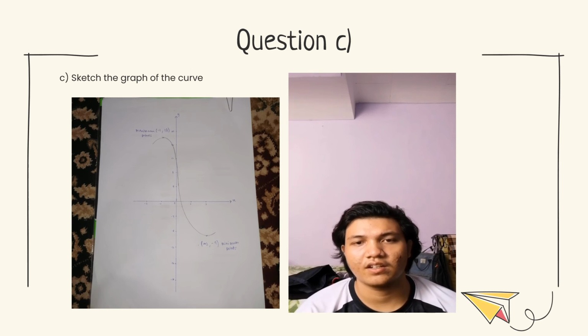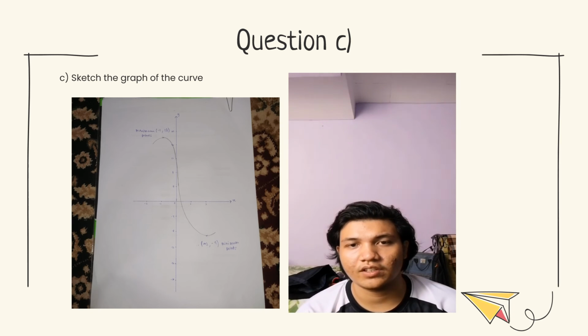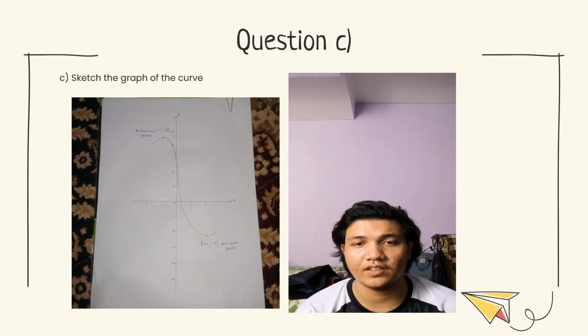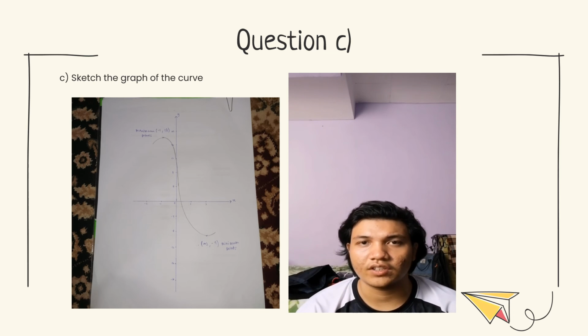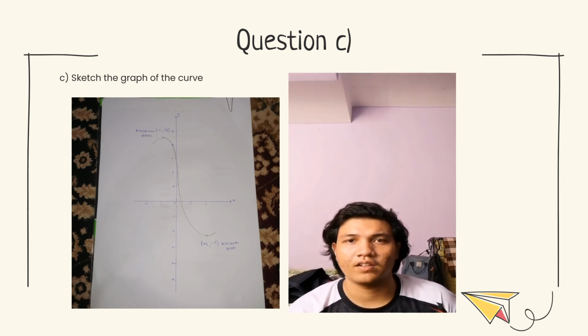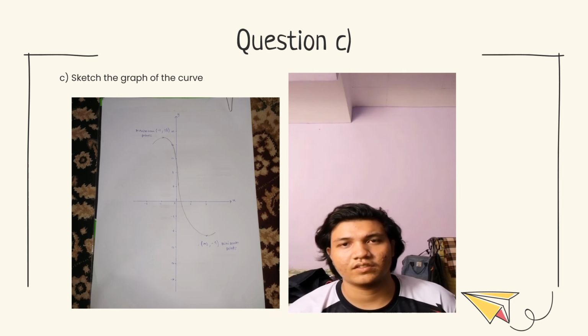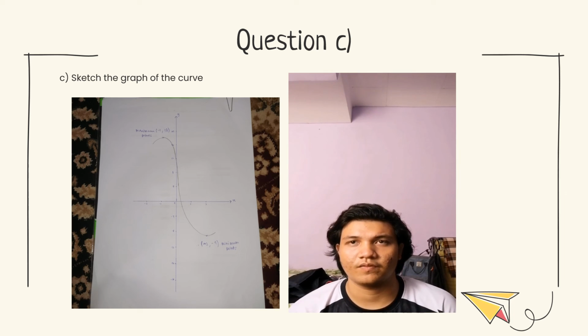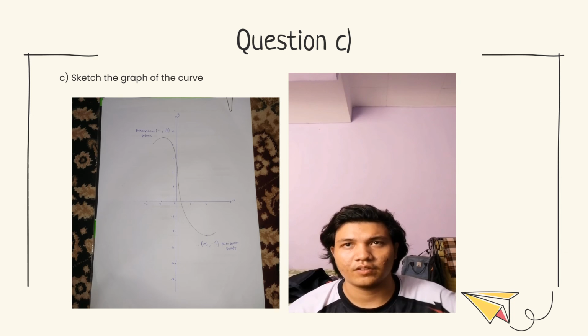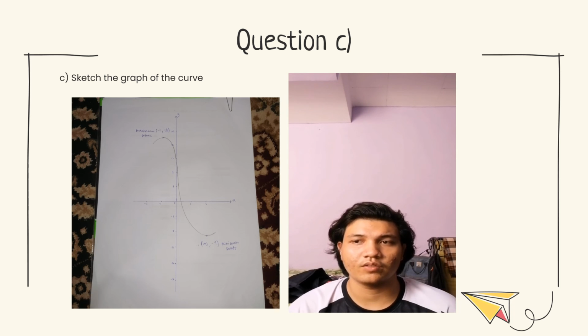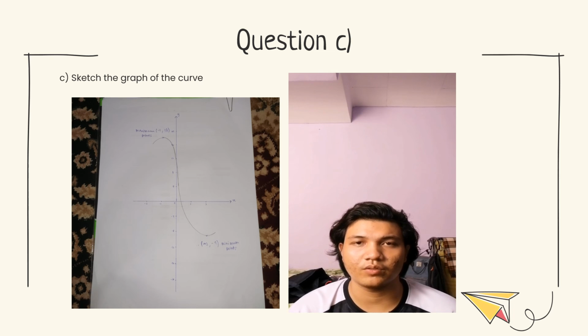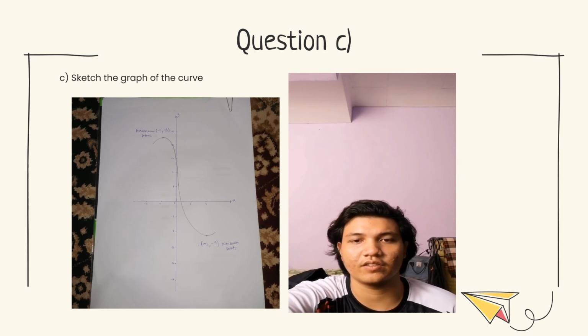And when we get x equal to negative 1 and y equal to 18, we just plot it in quadrant 2. And lastly, you just draw the line from the maximum point to the minimum point. From the maximum point (negative 1, 18) to the minimum point (2, negative 9). Okay, thank you.